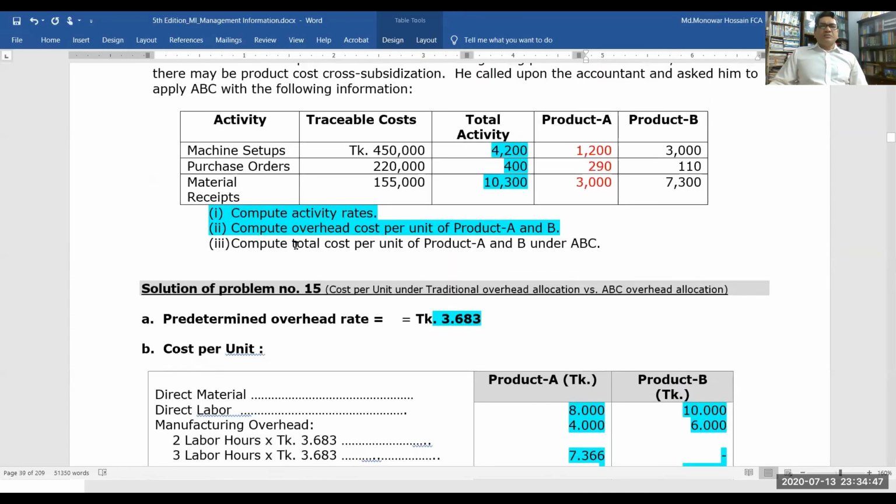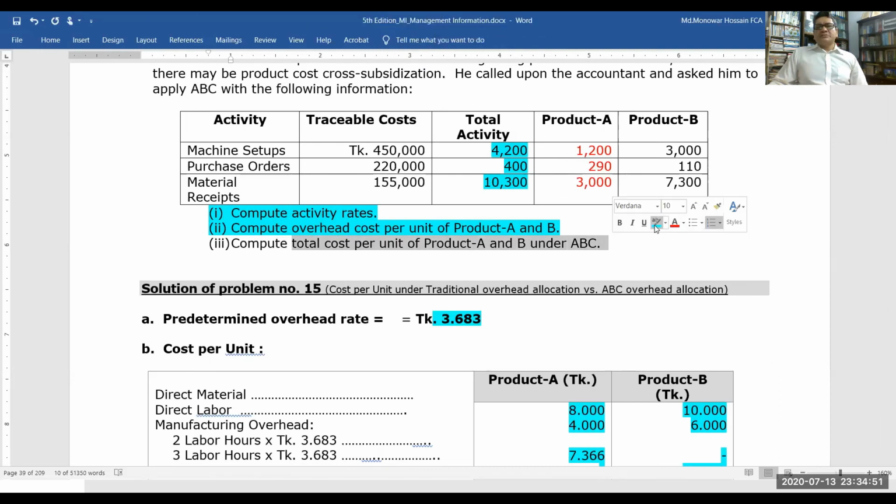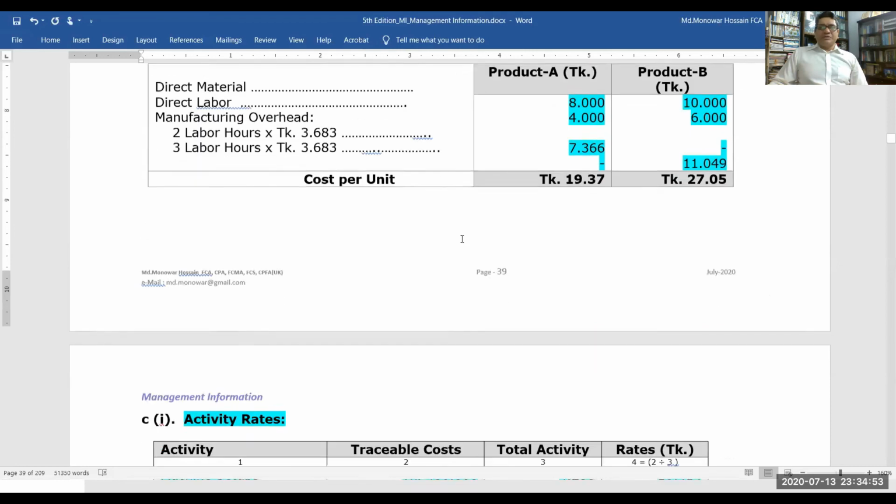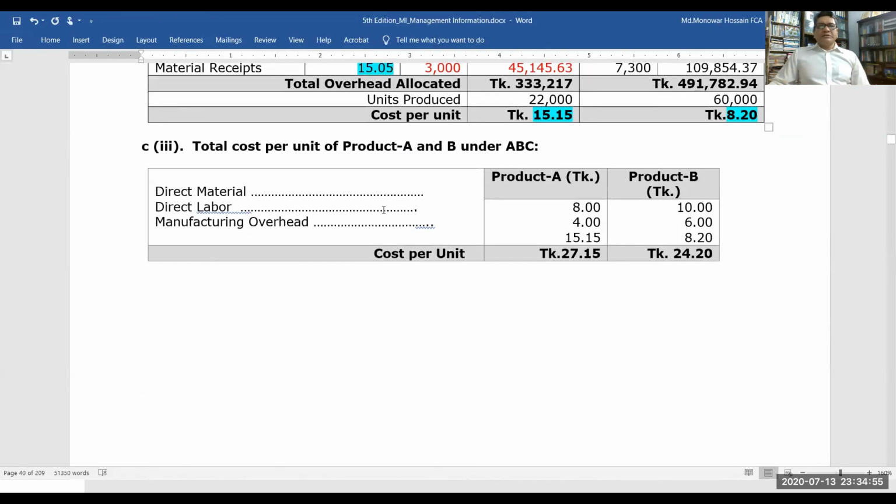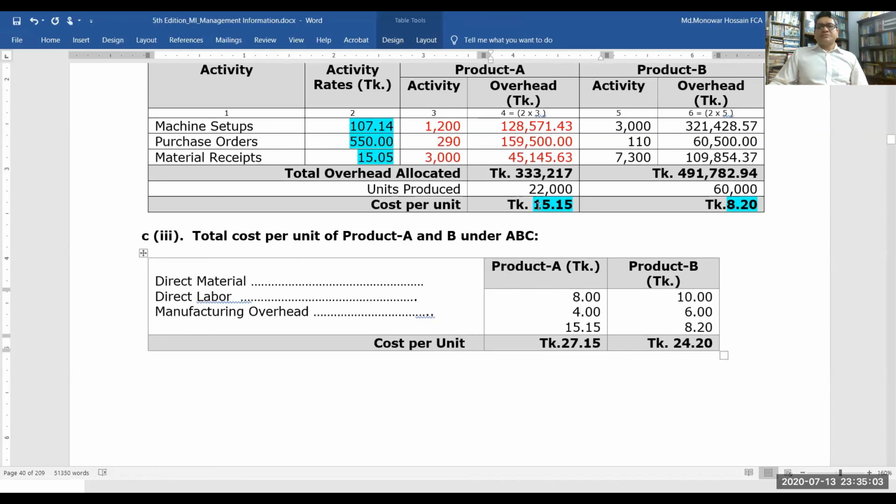Now the requirement is to compute the total cost as per ABC for product A and B. The material cost is the same as we have seen previously, and labor is also the same. Now manufacturing overhead is 15.15 we're putting here and 8.20 putting here. So cost per unit is 27.15 and 24.20.